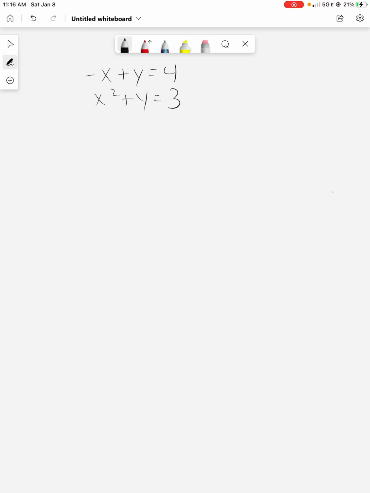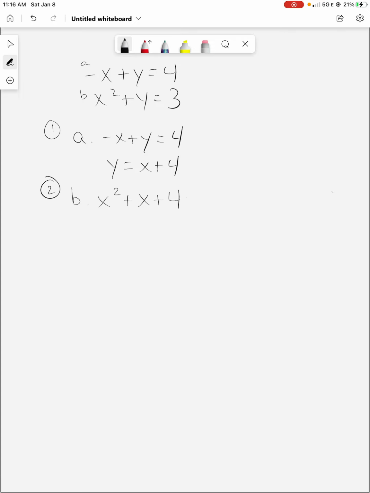If we take the first equation here, A, and solve for y by adding x to both sides, we'll get y equals x plus 4. Then we put that into B. So we'll have x squared plus x plus 4 equals 3.